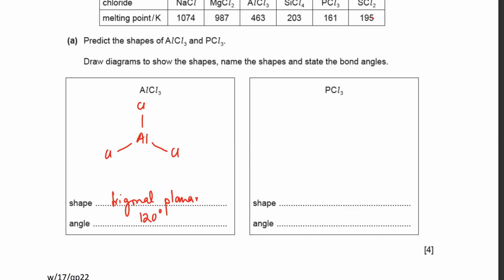What's the shape of PCl3? If you draw PCl3, P has a lone pair, because remember, you have to count the lone pairs. P is in group 5, which means it's got 5 electrons, 3 of them are bonding, so it's got 2 electrons left, which are a lone pair.